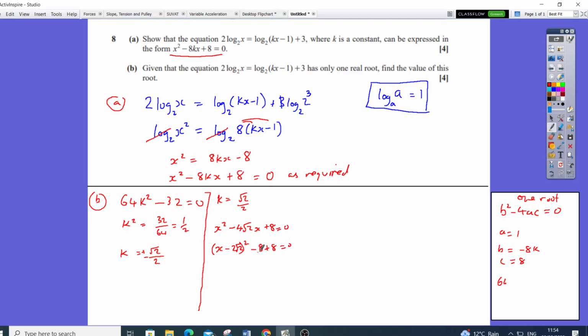So they're going to cancel each other out, since there's only one root, so you're going to end up with x minus 2 root 2 squared is going to equal 0, which means get rid of the square and take that to the side, so x can equal 2 root 2, since that's a double root.